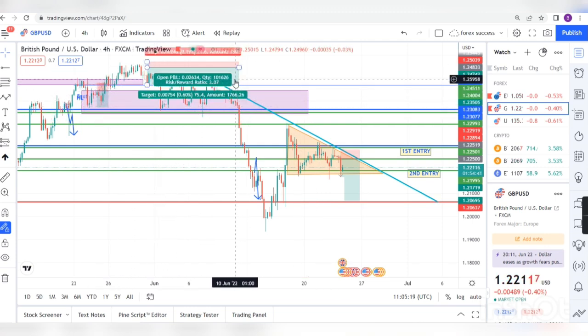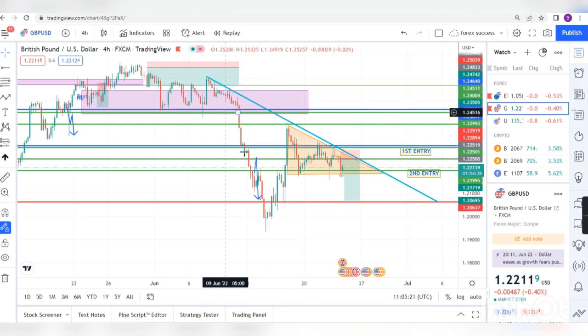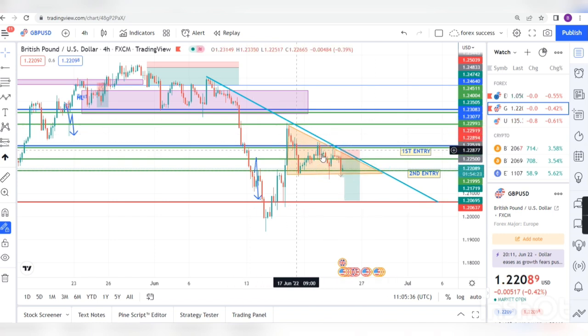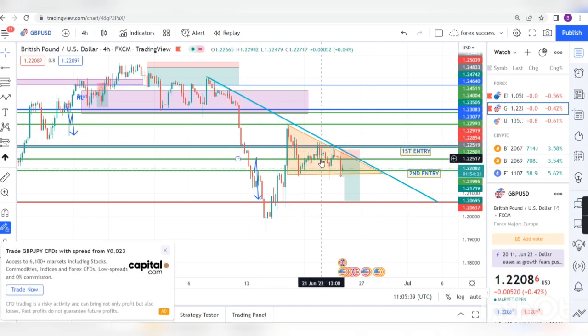After breaking the level, I had a sell. I took this trade earlier, but it was cancelled. You can see this one I also took. The market came down to the downside, moved to the upside again, and then we still had this chart pattern. This pattern gave me a confirmation for the sell that I took.